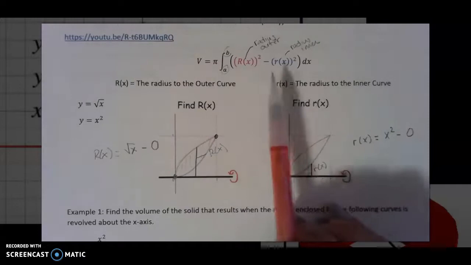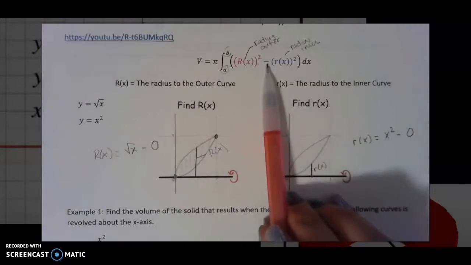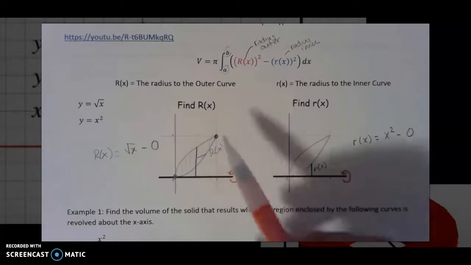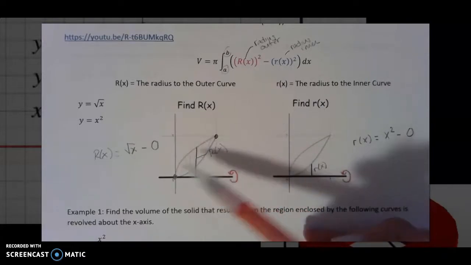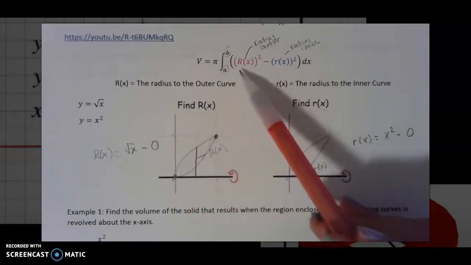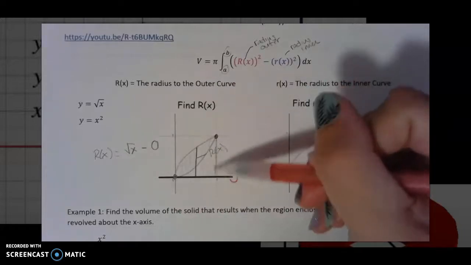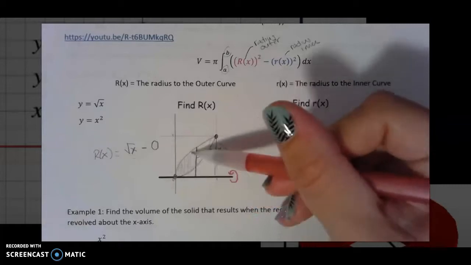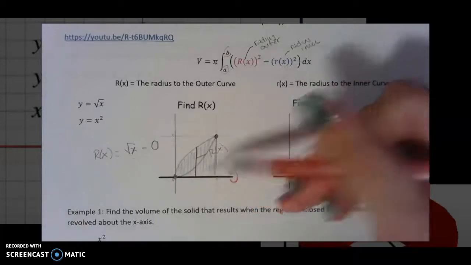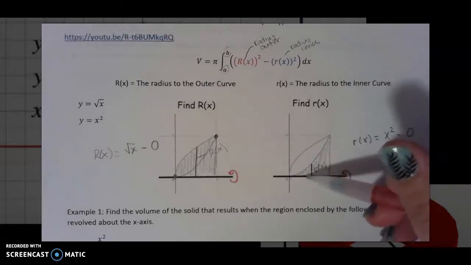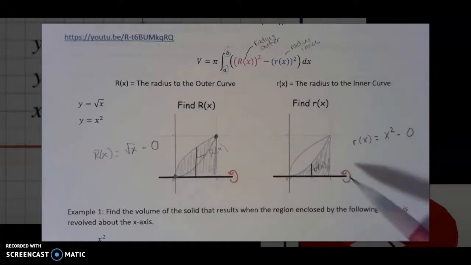Now, to explain why the equation is this being subtracted by this. When we find R of x and we get this radius and we plug it in here, when we square that, what we're really doing is we're finding all of this area underneath that curve. And when we do the same thing with this one, we're getting all of this area under the blue curve.